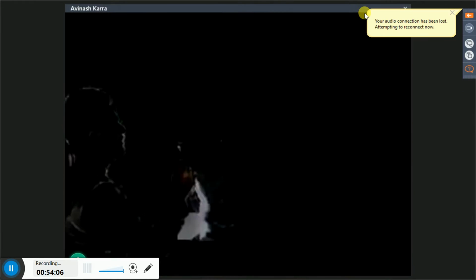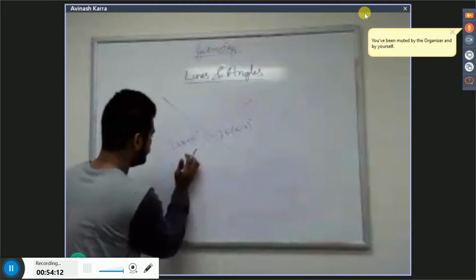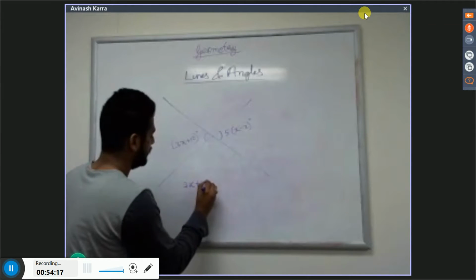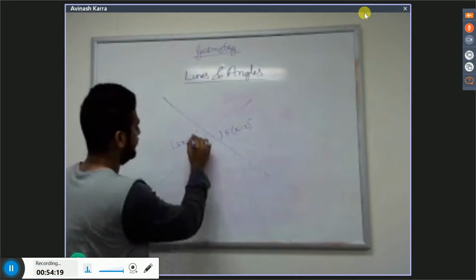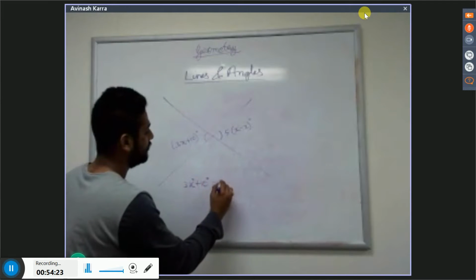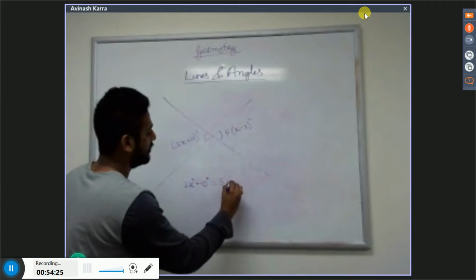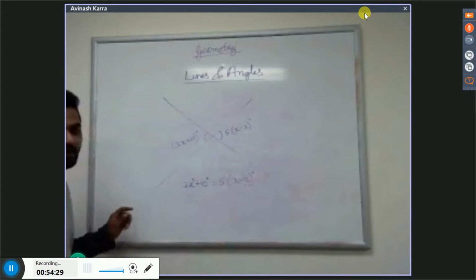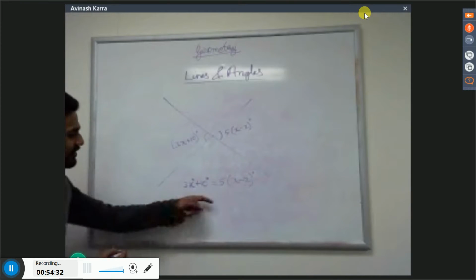3x plus 10 equals 5 times x minus 2. See, degrees is common. So 3x degrees plus 10 degrees is equal to 5 times x minus 2. Is it clear?